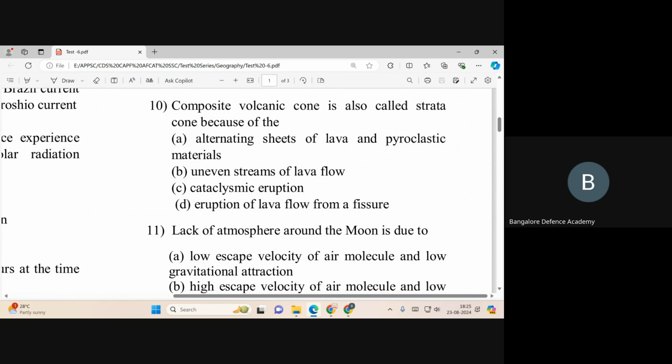Okay, how many are telling option A is correct? Raise up. How many telling option B is correct? See, everyone should answer. No one can say none of the above. How many tell option C is correct? How many are telling option D is correct?